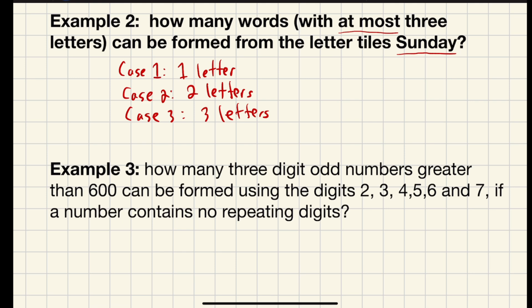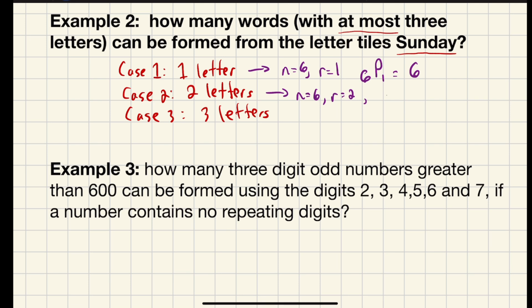So for a 1 letter word, out of 6 letters, so n would be 6, we're choosing just 1. So our permutation, when we plug it in our calculator, is going to be 6P1, and that gives us 6. For the second case, out of 6 letters, we're only choosing 2, and it could be any 2.